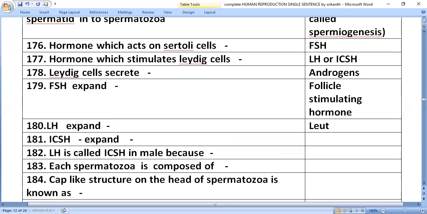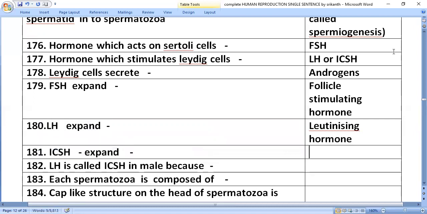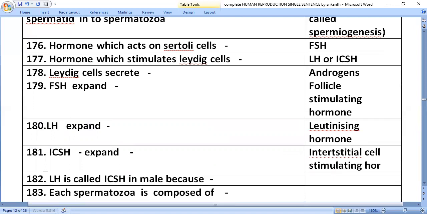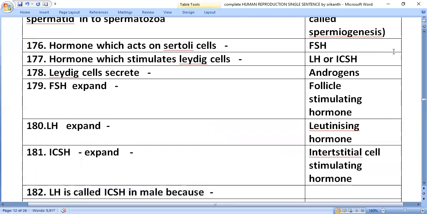LH expands as luteinizing hormone. LH is also called ICSH in male because it stimulates Leydig cells.